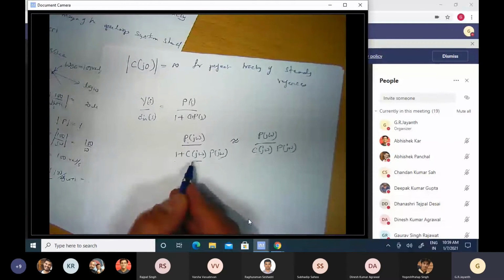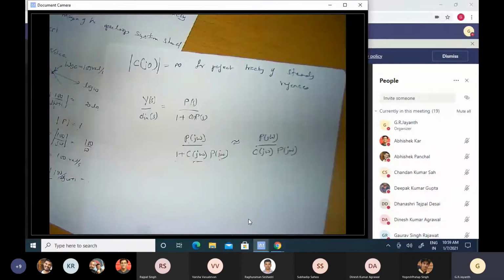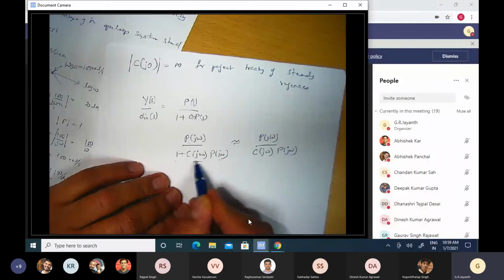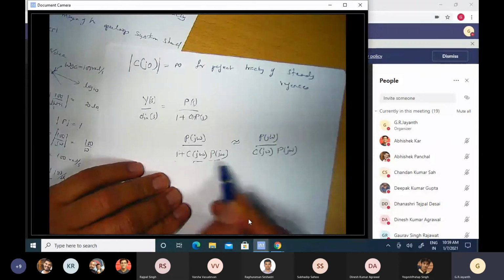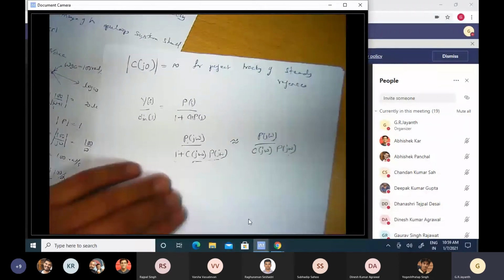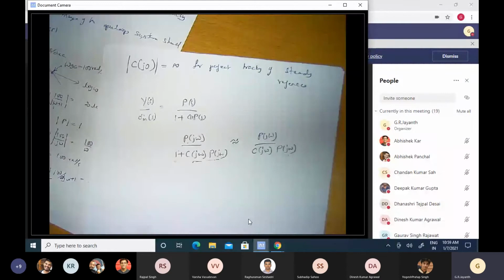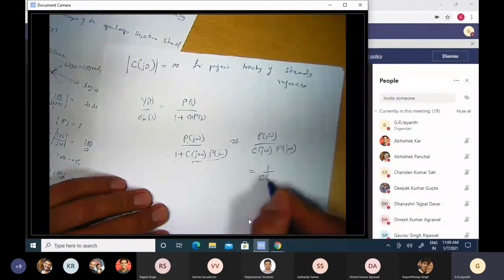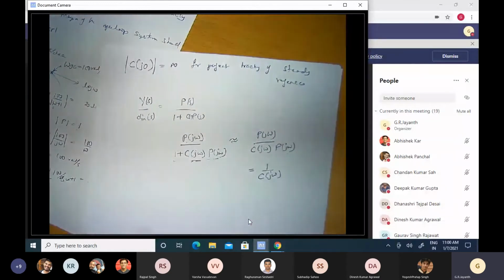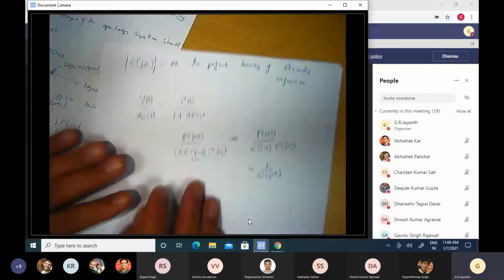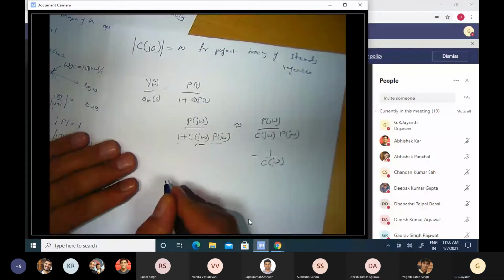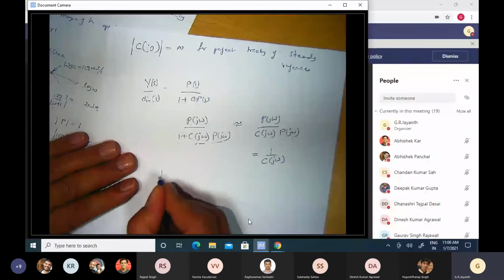And if the controller's gain is also quite large around 5 radians per second, I can ignore 1 in comparison with this product, and I can simply write it this way. And what this therefore indicates is that this is approximately equal to 1 by C of j omega itself. So the plant's gain does not matter at these particular frequencies.